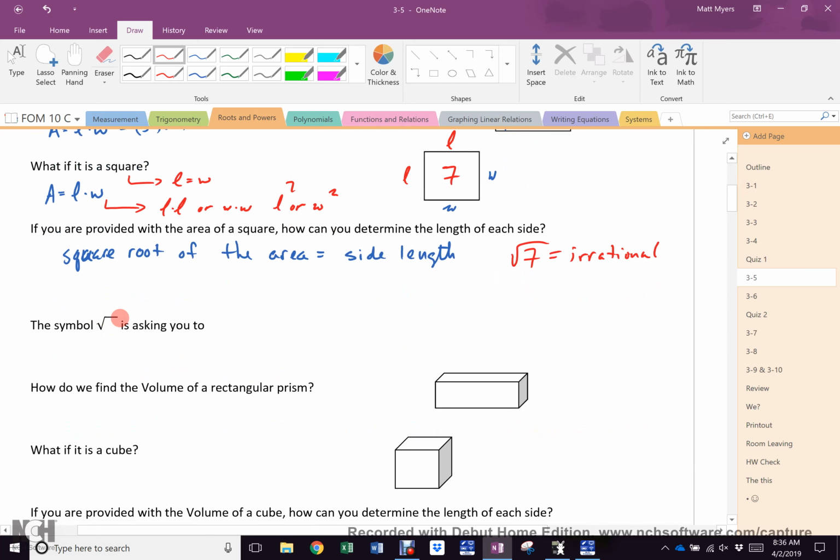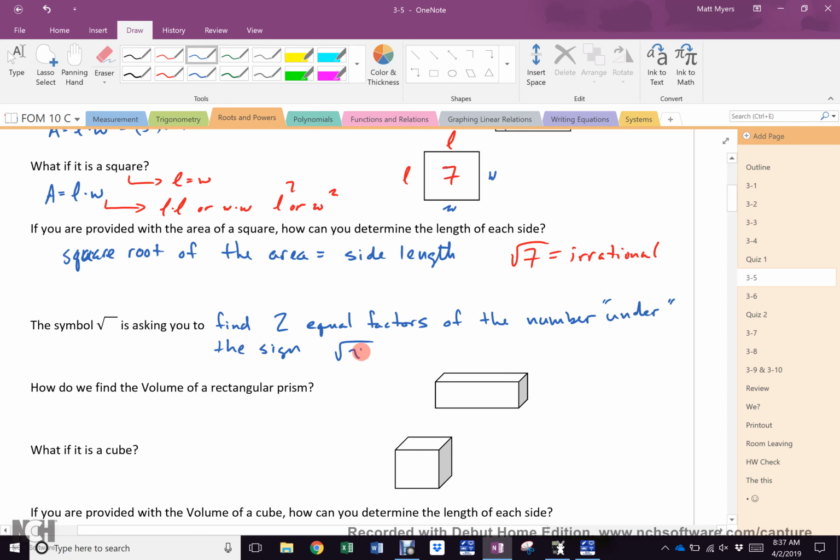This symbol is asking me to find 2 equal factors of the number under, and I'm putting under in quotes, under the sign. So if I give you the square root of any number here, what do I use to show I am discussing any number?